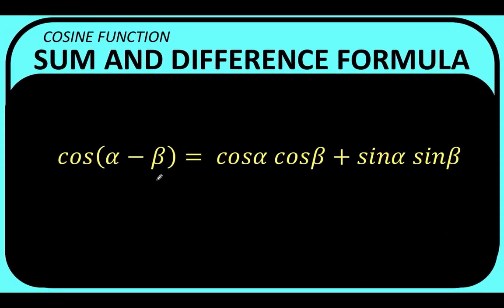So the difference identity for the cosine function is given by this formula, the product of cosine alpha cosine beta plus the product of sine alpha sine beta. This is for the difference formula.